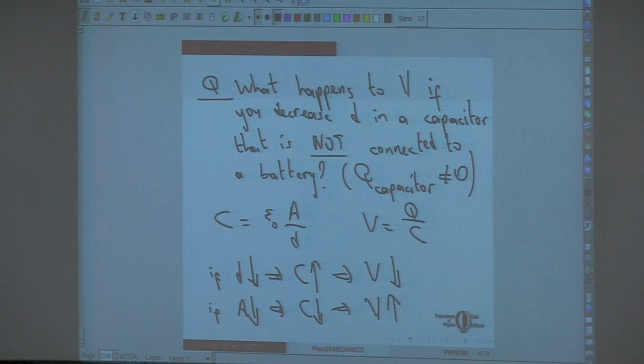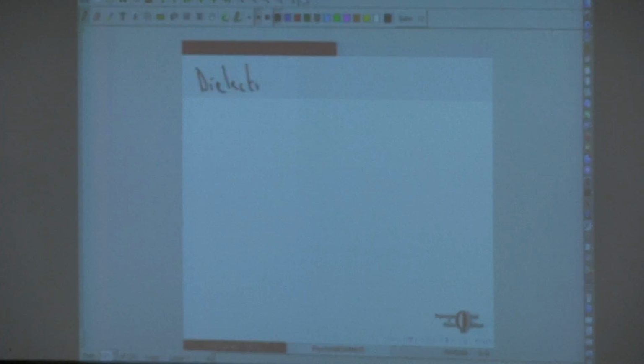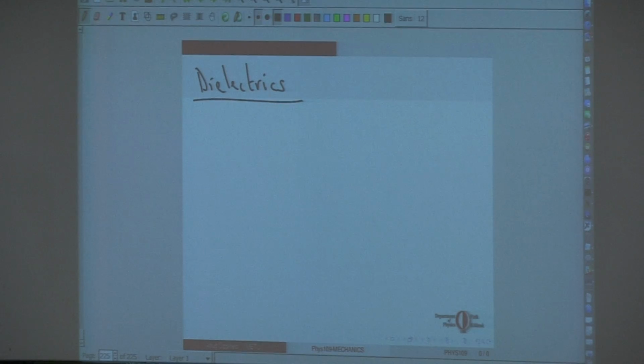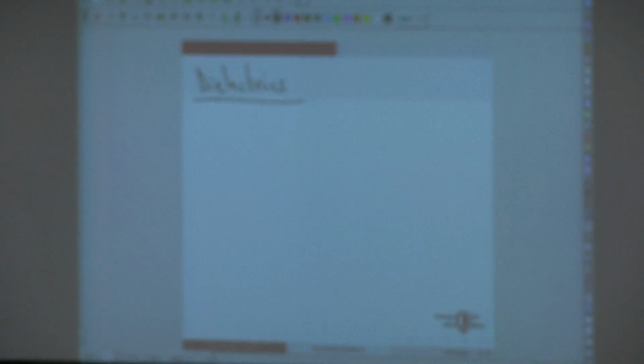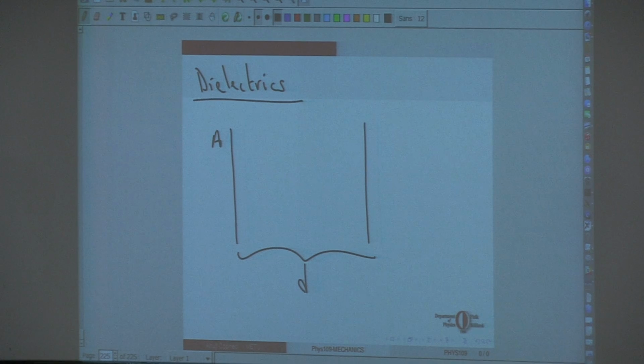Okay, now let's discuss what happens with the dielectrics. This time we will again stick with the example of a parallel plate capacitor. So we have a plate over here, and we have another plate somewhere over here. The plates have an area A, their separation is, let's say, D, and we fill in between with some insulator.